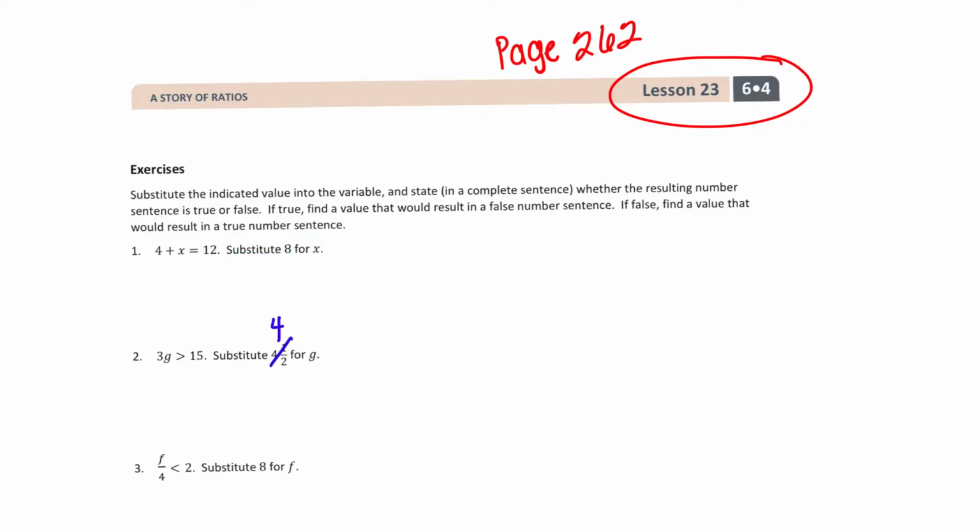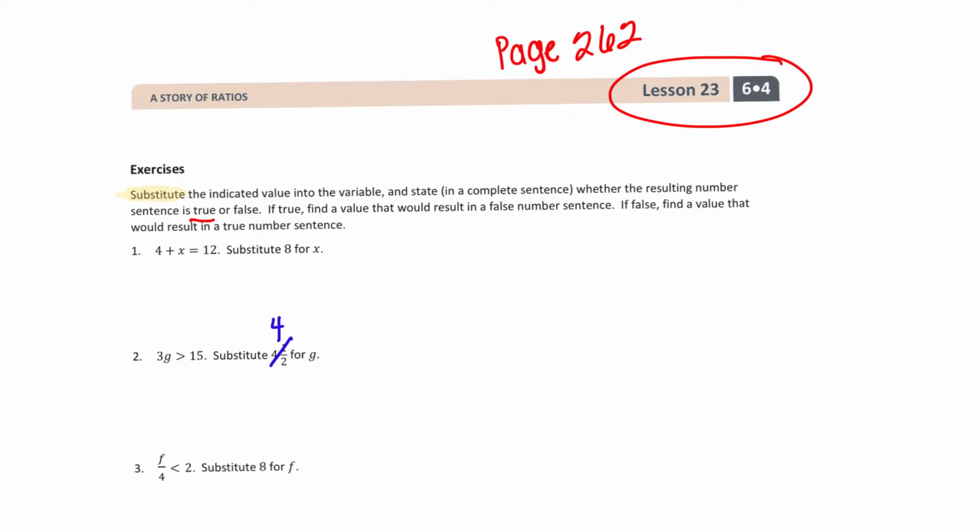So what they want us to do is substitute the indicated value into the variable. Every number has a variable, and they're going to give you the number you're going to substitute. Like here we substitute 8 for x. Then we have to determine if the result is true or false.